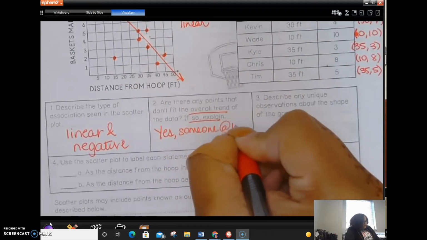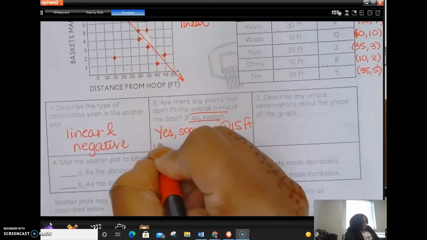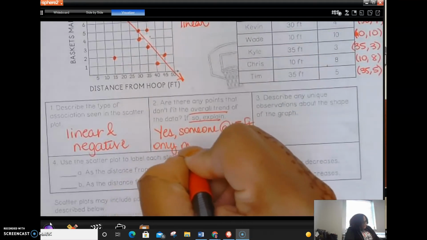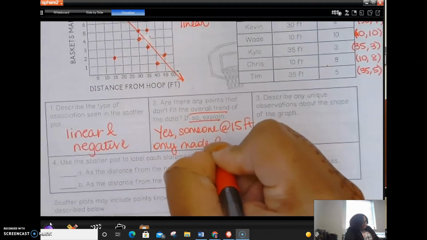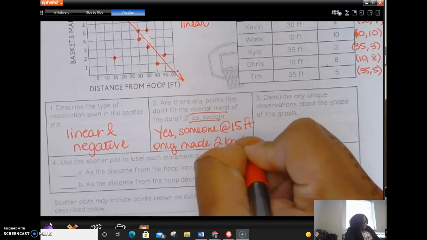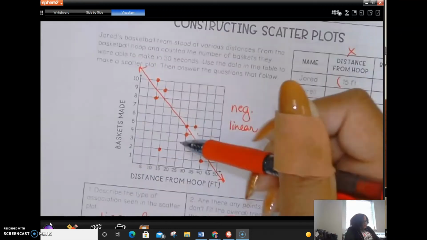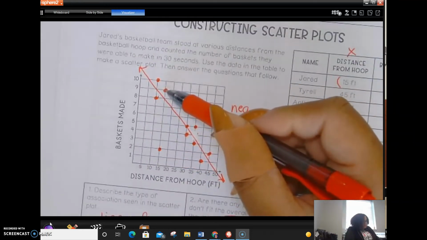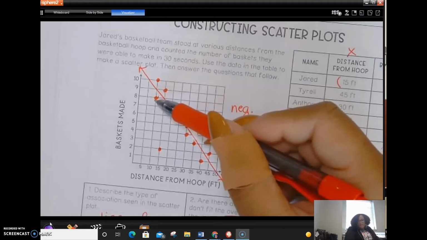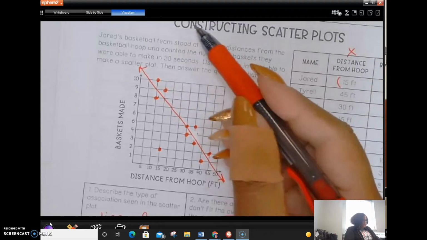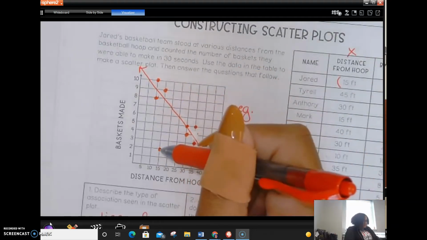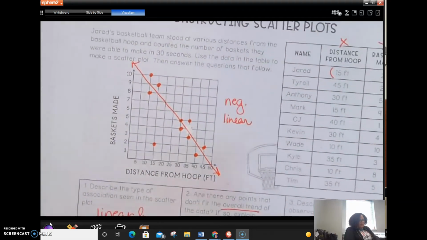Someone at 15 feet only made 2 baskets, whereas other people at 15 feet made 9 baskets, and then 2 people at 10 feet made 10 and 8 baskets. So this guy should be up here. Maybe he just wasn't on his A game.